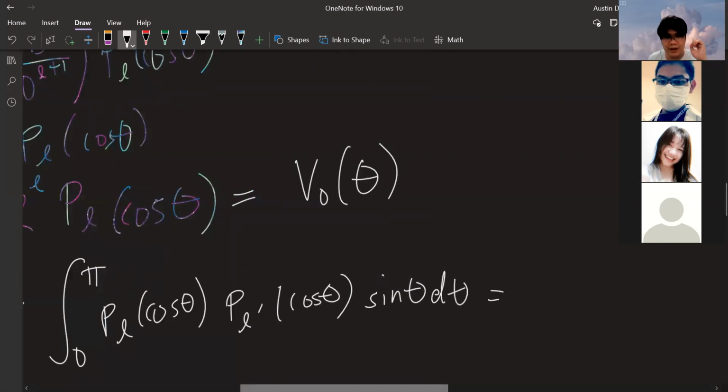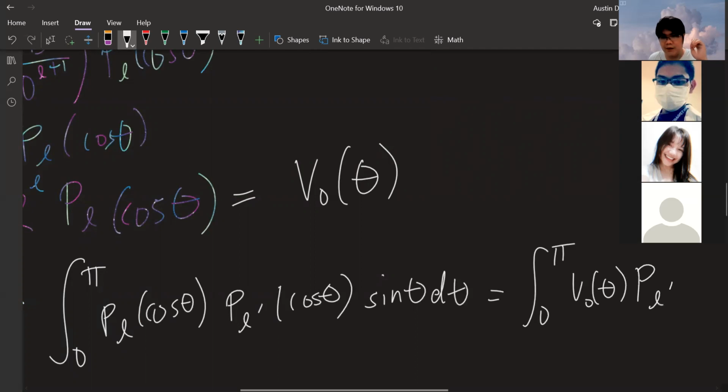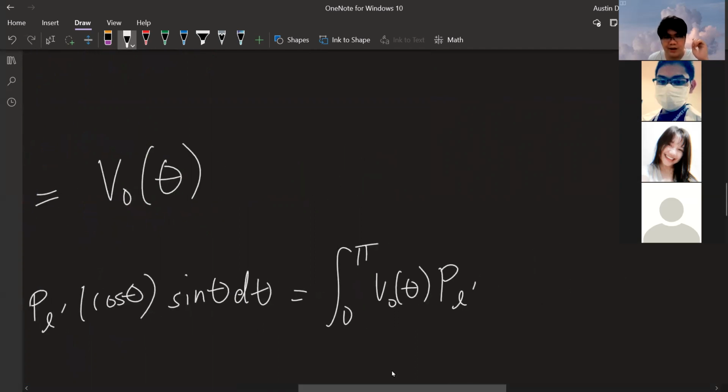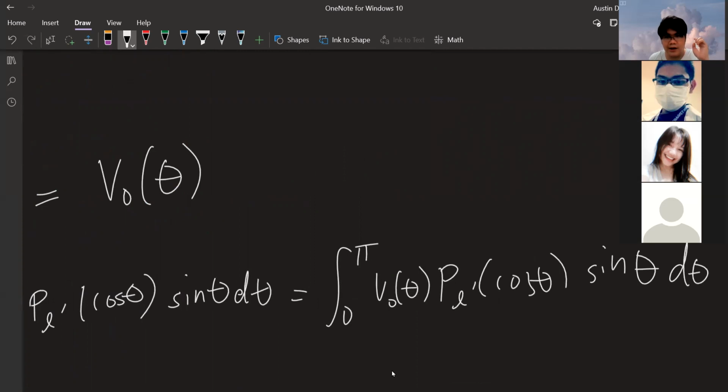Okay, I'll do the same thing to the other side. So integrate 0 to pi. What did I multiply? P L prime. Oops, V naught muna. V naught of theta, P L prime cosine theta, sine theta d theta. So nag-multiply lang ako ng P L prime, sine theta d theta.